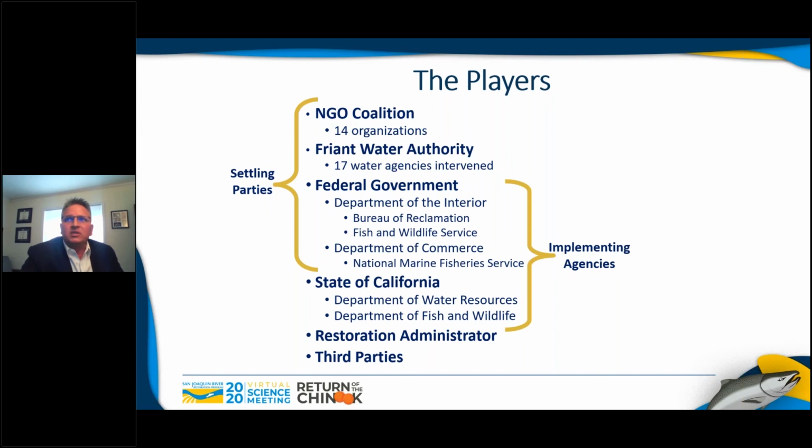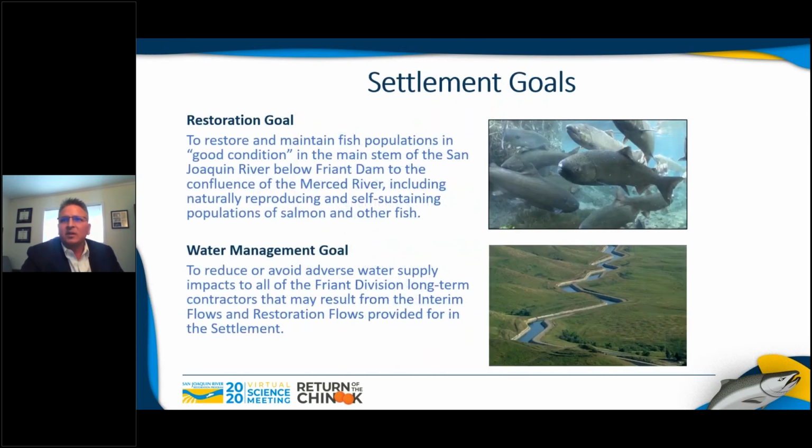Those water users on the west side and the tributaries and the exchange contractors along the river down through the restoration area. All of these players are intertwined with implementation of the settlement, with the federal and state government agencies leading the charge as implementing agencies. Next slide, please.